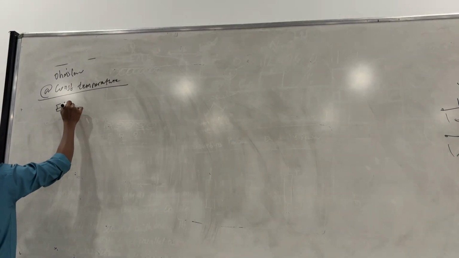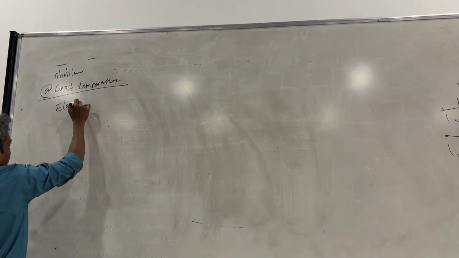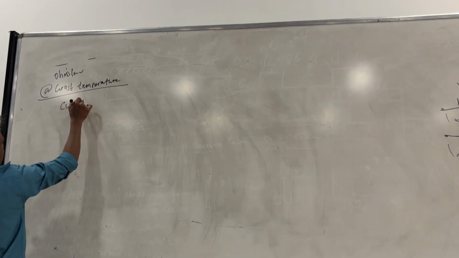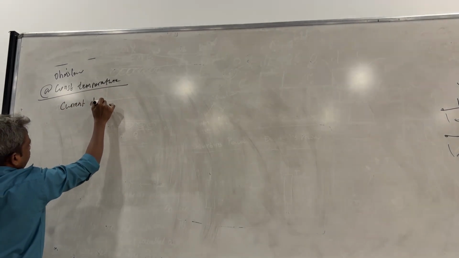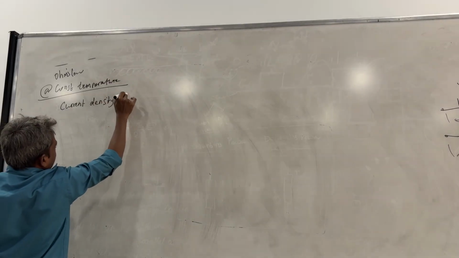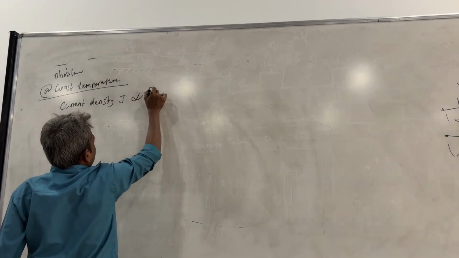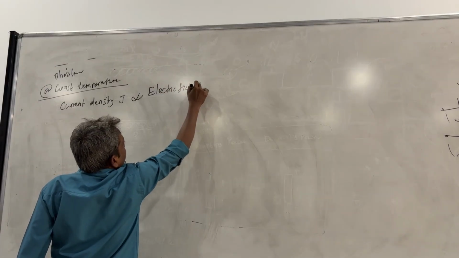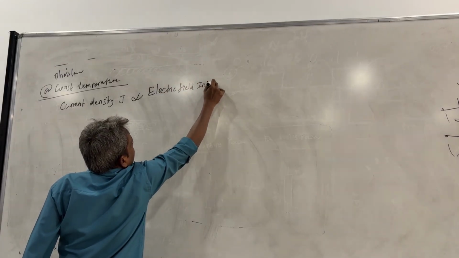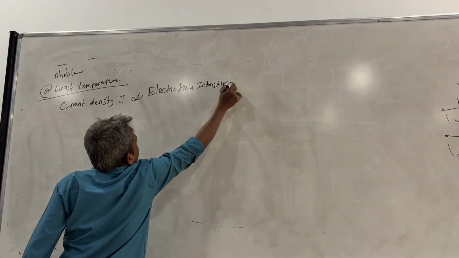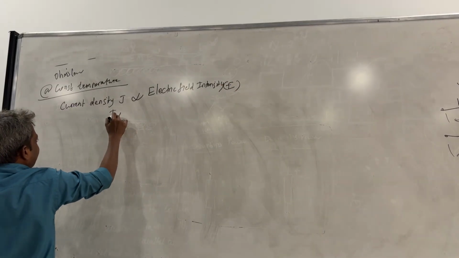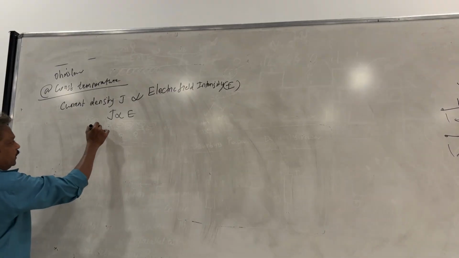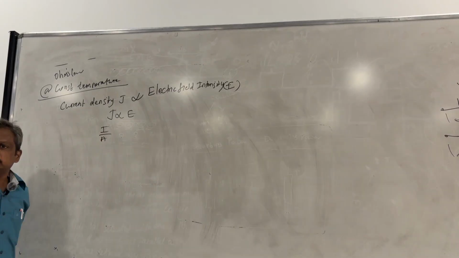Electric current density J is directly proportional to electric field intensity E. Current density means current per unit area.